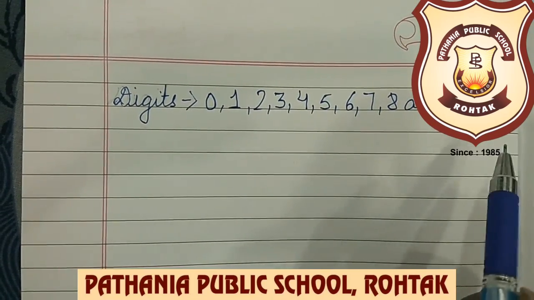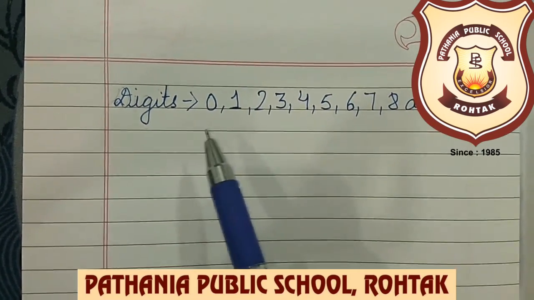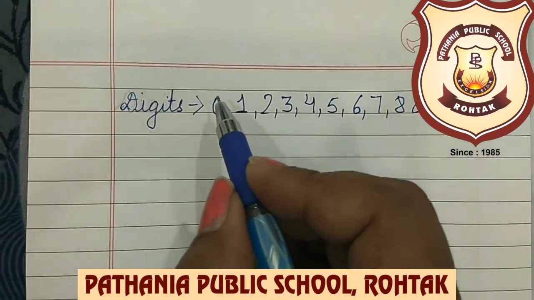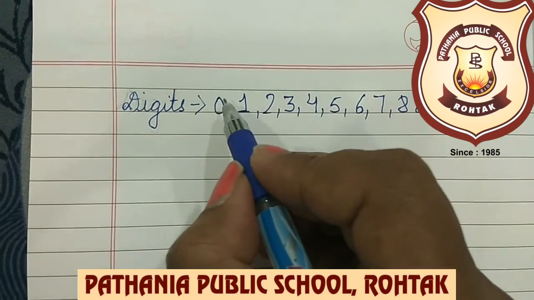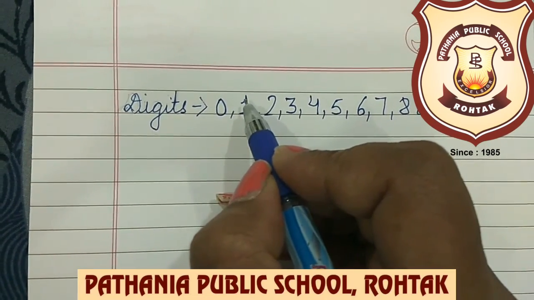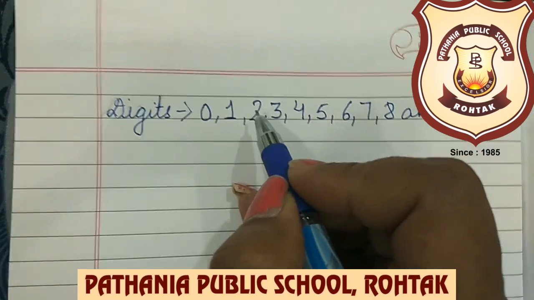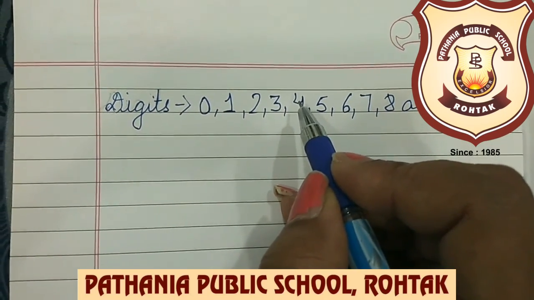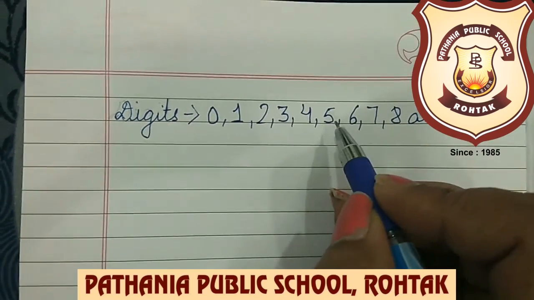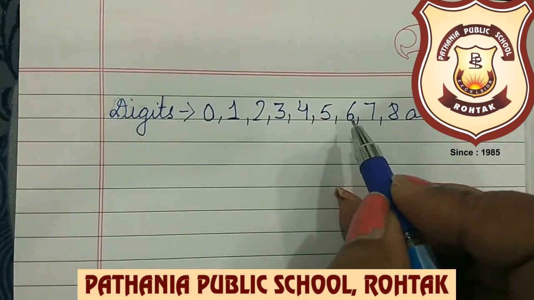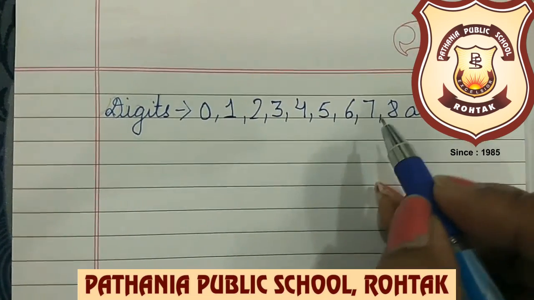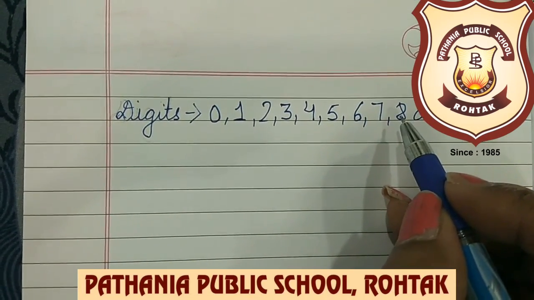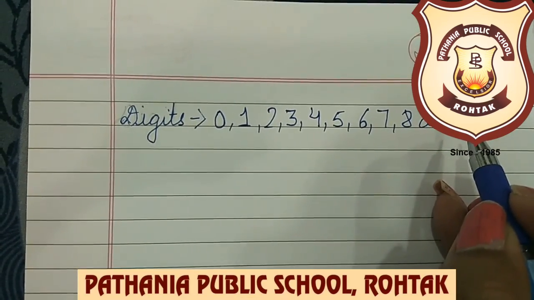Now among these all digits, we need to identify which digits come in the table of 2. 0 comes in the table of 2, 2 zeros are 0, then 1 doesn't come in 2's table, then 2 comes in 2's table, 2 ones are 2, then 3 doesn't come in 2's table, then 4 comes in 2's table, 2 2's are 4, then 5 doesn't come in 2's table, then 6 comes in 2's table, 2 3's are 6, then 7 doesn't come in 2's table, then 8 comes in 2's table, 2 4's are 8, and then 9 doesn't come in 2's table.